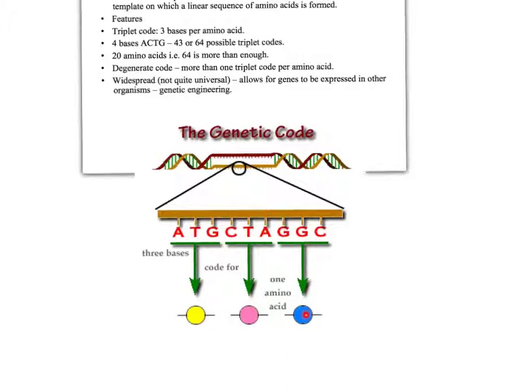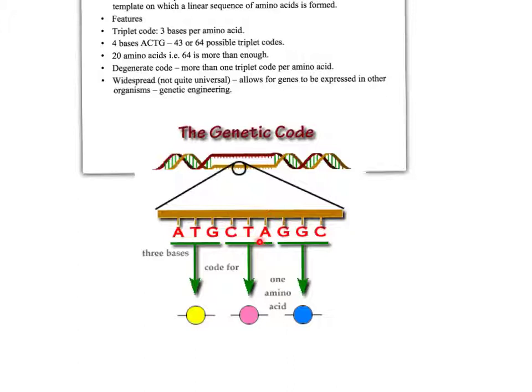One of the other features, which I haven't mentioned in my slide, is that it's also described as non-overlapping, i.e. we read this 3 and then this 3 and then this 3, rather than another way it might have been organised, where it could have been this 3 followed by this 3 followed by this 3. But it doesn't work like that, and that's described as being non-overlapping.